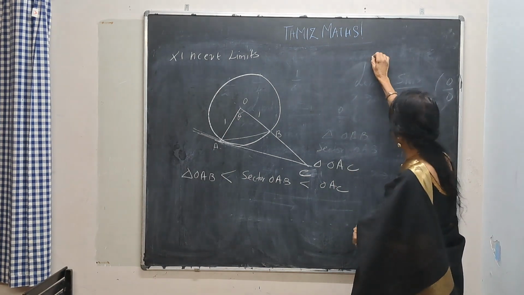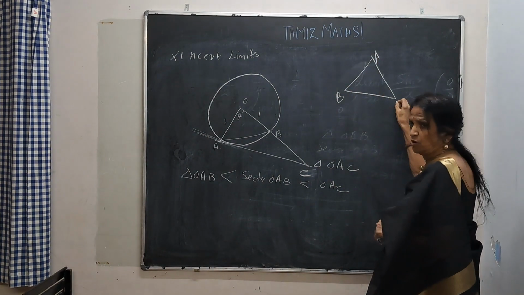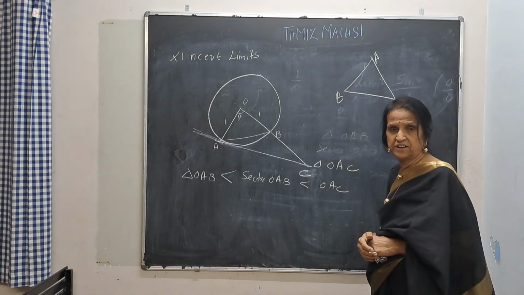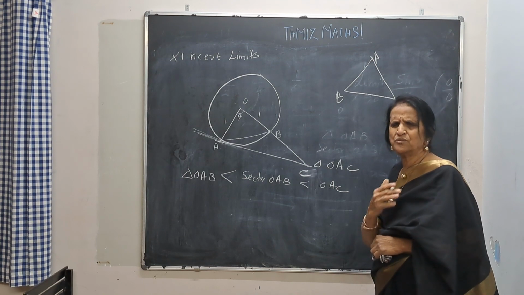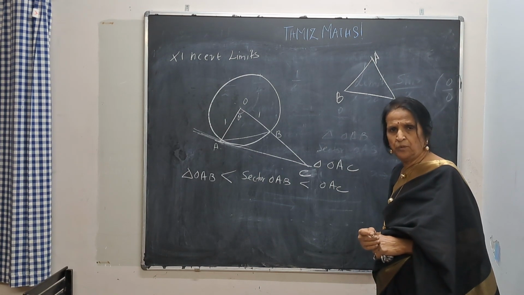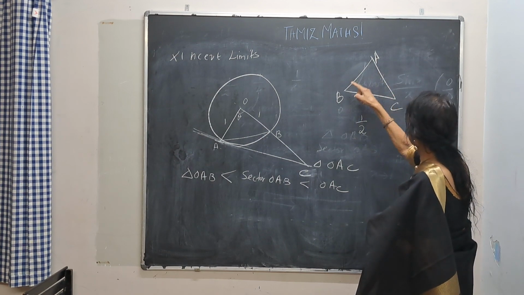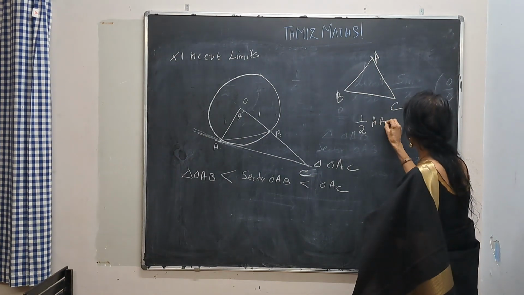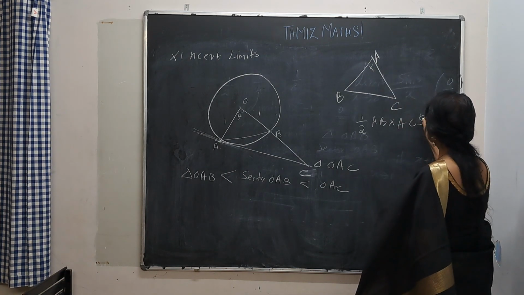Now if I have a triangle, there are so many formulas for the area of the triangle: half base into height, Heron's formula, like that you have so many things. In that, the important formula will be half the product of any two sides into the sine of the included angle.